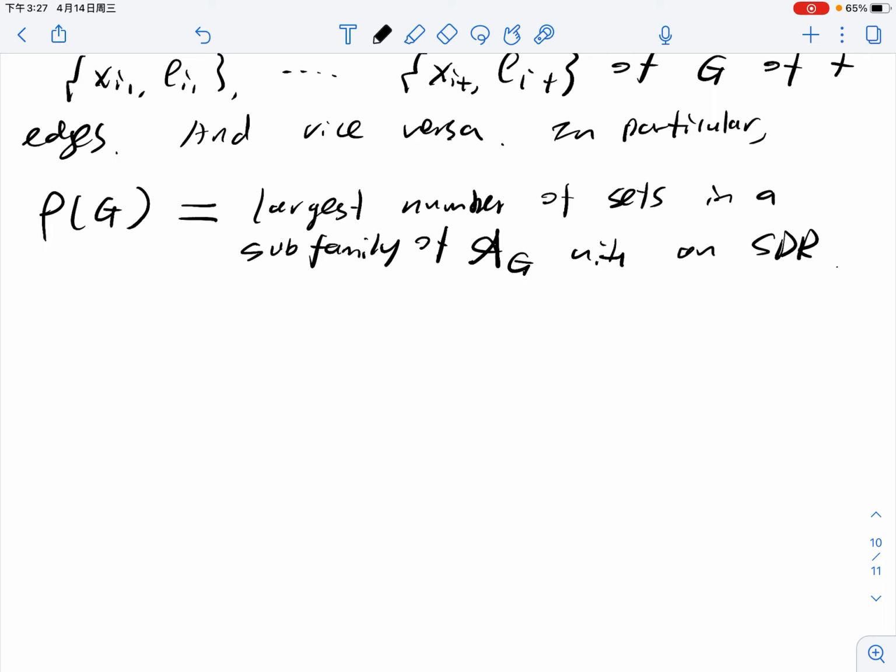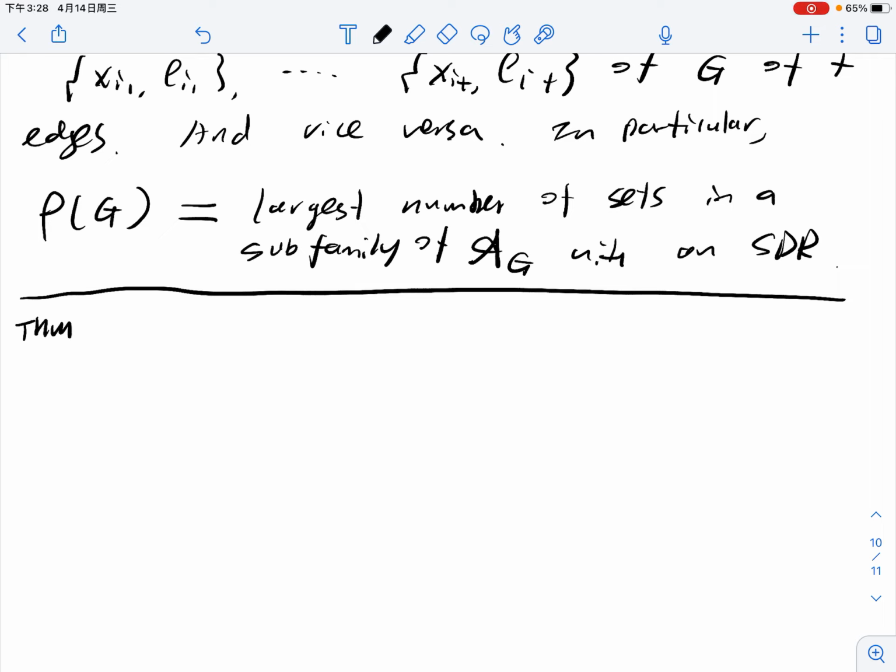So the reason why we want to formulate the matching number in this way is because people already have some study of the system of distinct representatives. For example, we have the following very interesting and very deep theorem. For the proof, you can see your textbook.